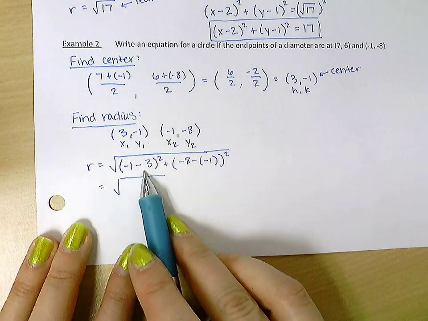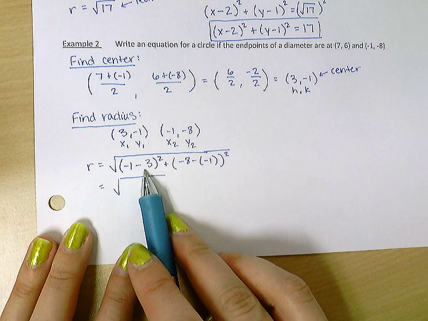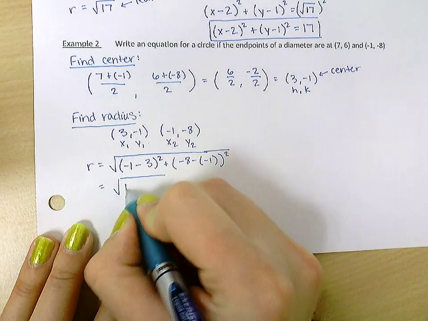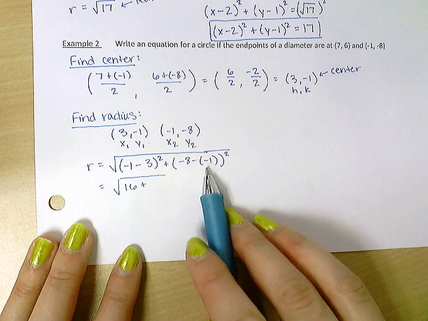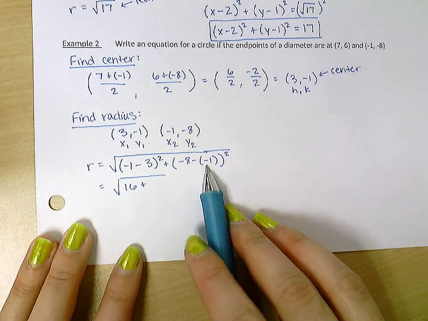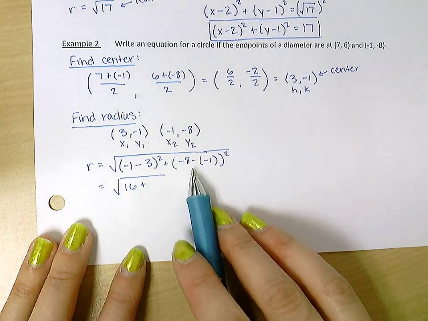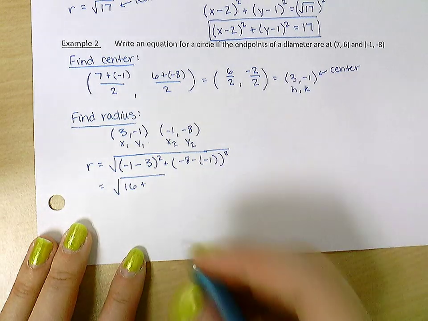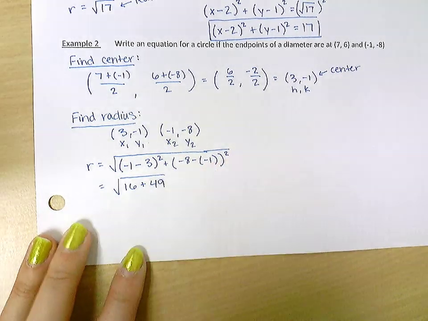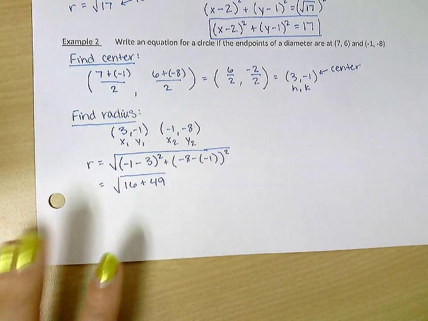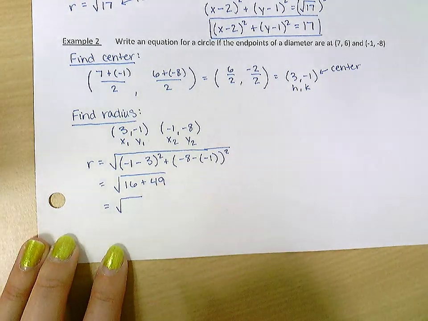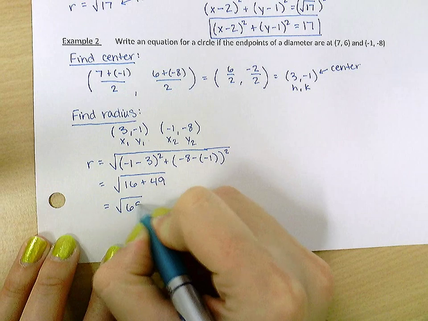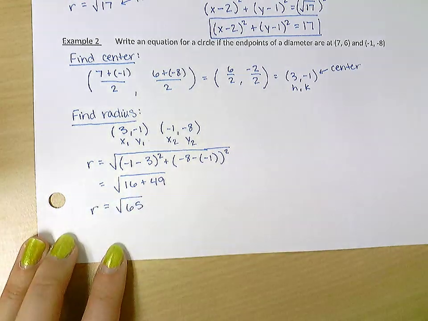So we have -1 minus 3 is -4. -4 squared is 16. Here we have -8 minus a -1. That's -7. -7 squared is 49. So we end up with the square root of 65, and that is your radius.